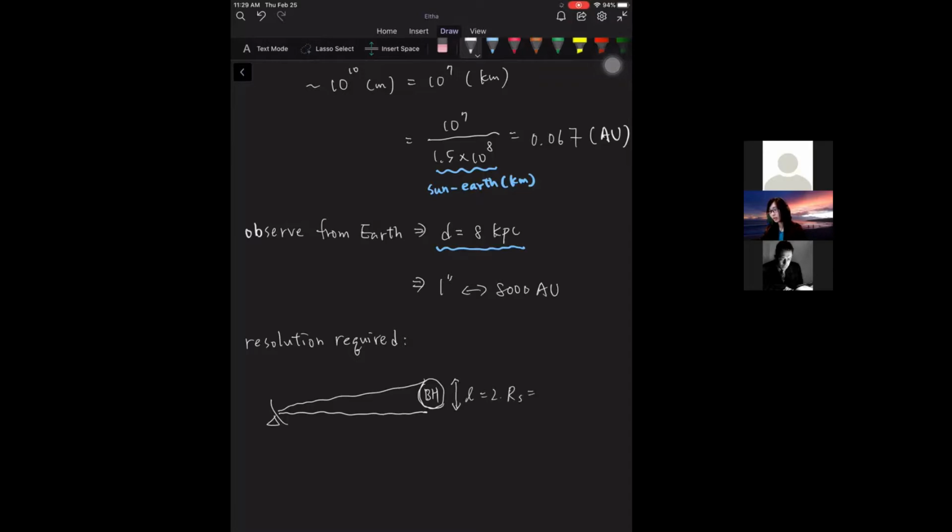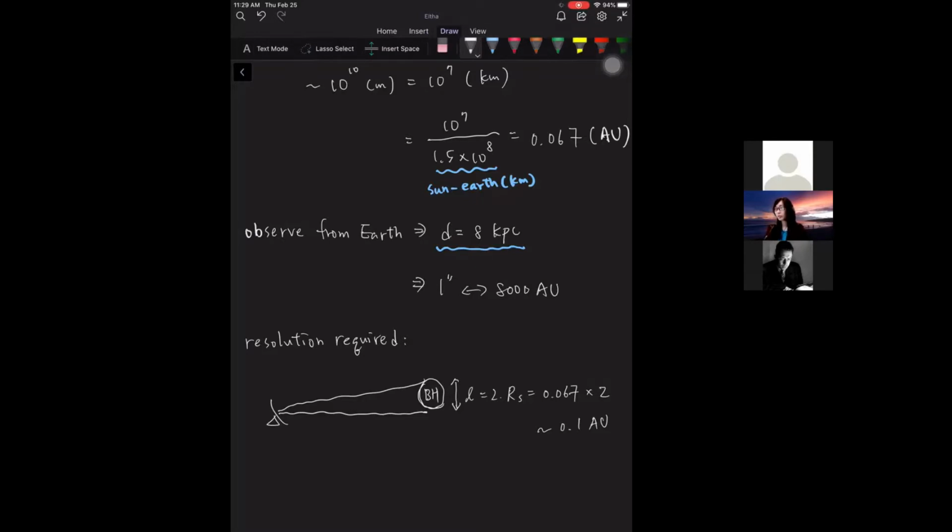And we already got the Schwarzschild radius, so that's 0.067 times 2, and so that is approximately 0.1 AU, right? We need to achieve an angular resolution that corresponds to 0.1 AU in physical scale.